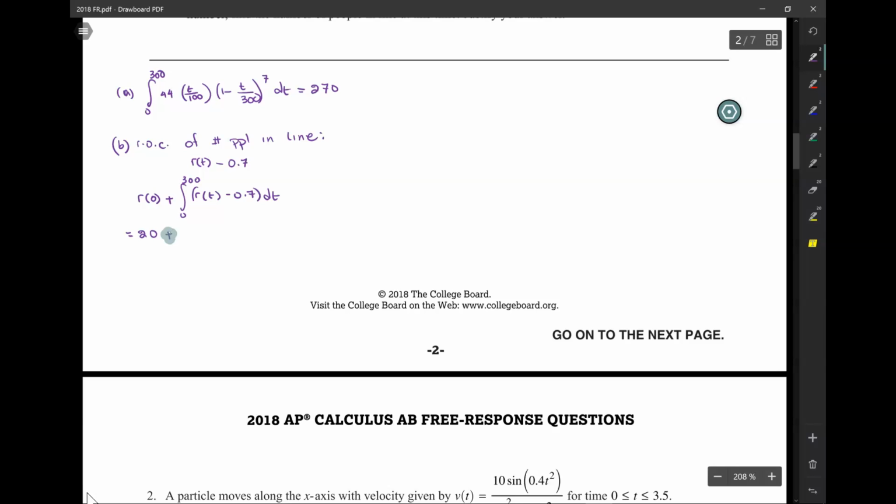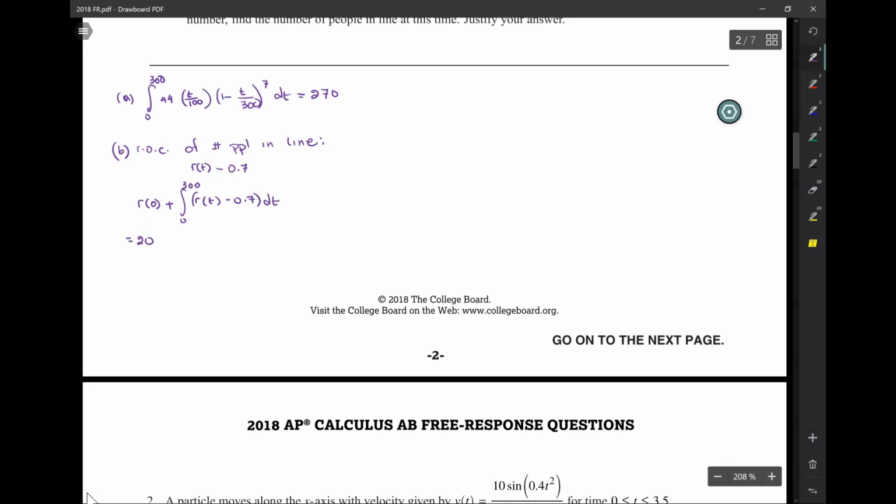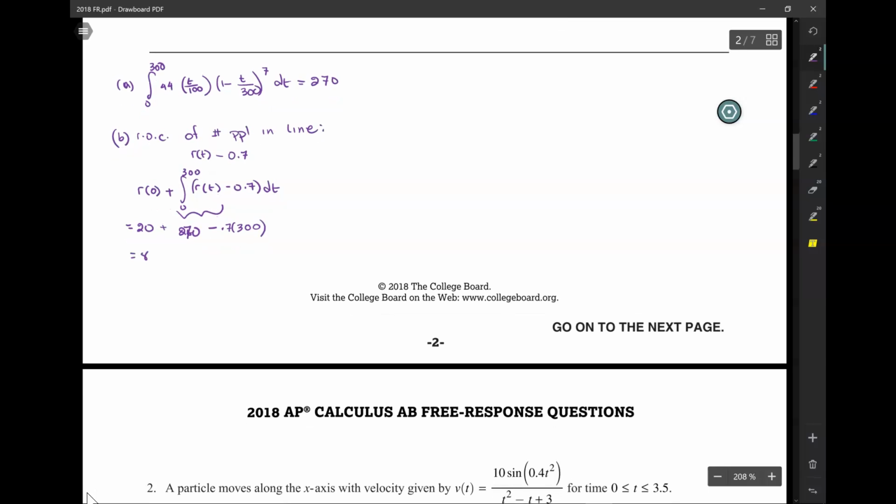No, just take the integral and solve it. Okay, so this was 270, minus 0.7 times 300, basically. Okay, this is all equal to 80. So 80 people at the time.